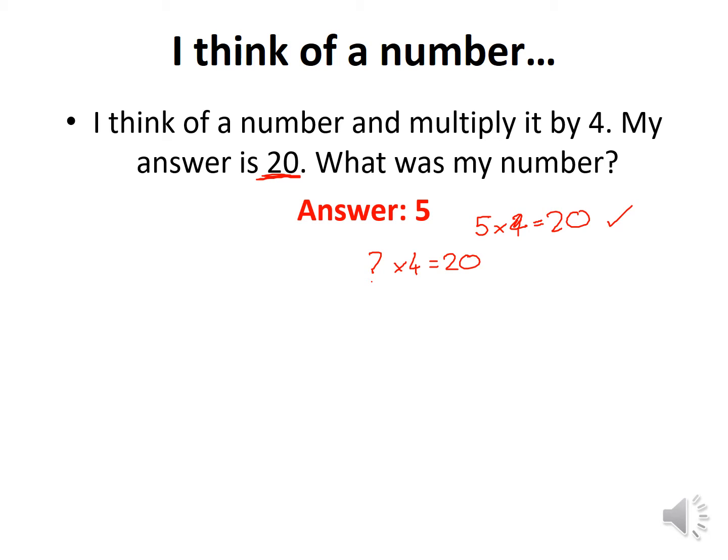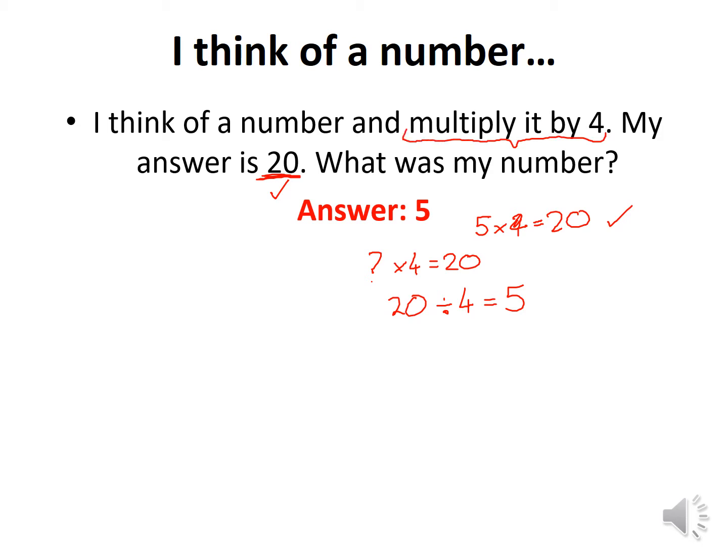So we take 20 and divide it by 4, because that's the opposite of timesing. That would give us 5. So if we work backwards, we're doing the opposite thing. We're starting with our answer, and because we're going backwards, instead of multiplying by 4, we divide by 4.